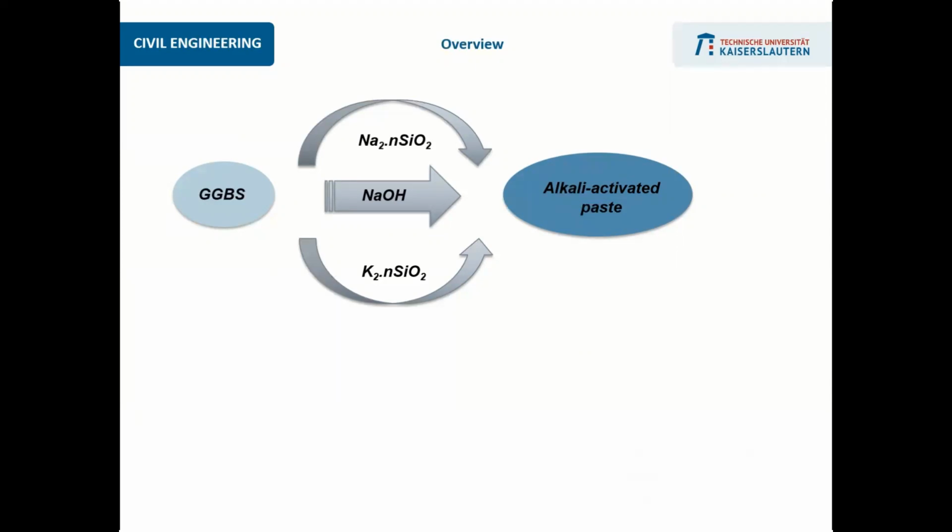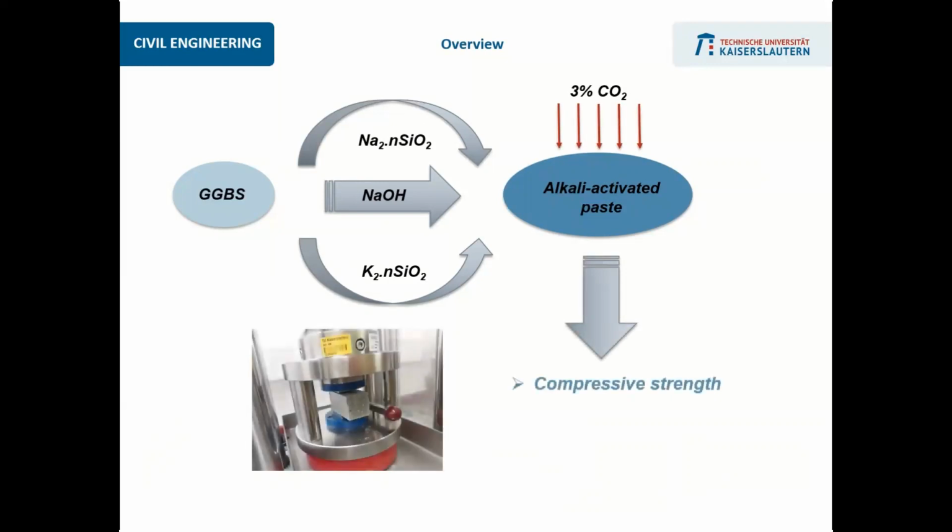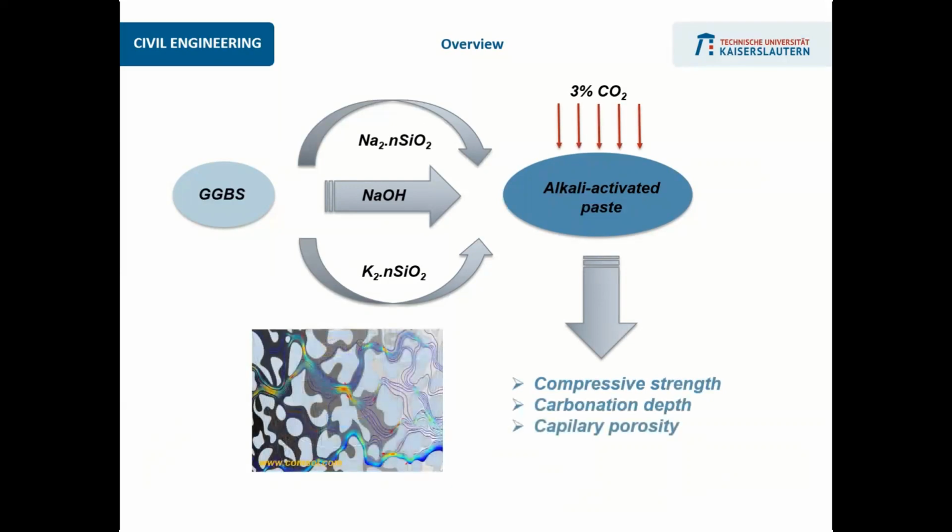Finally, I exposed the produced mortars to 3% carbon dioxide, and at the end, I tested the compressive strength as well as carbonation depth and capillary porosity of the produced specimens.